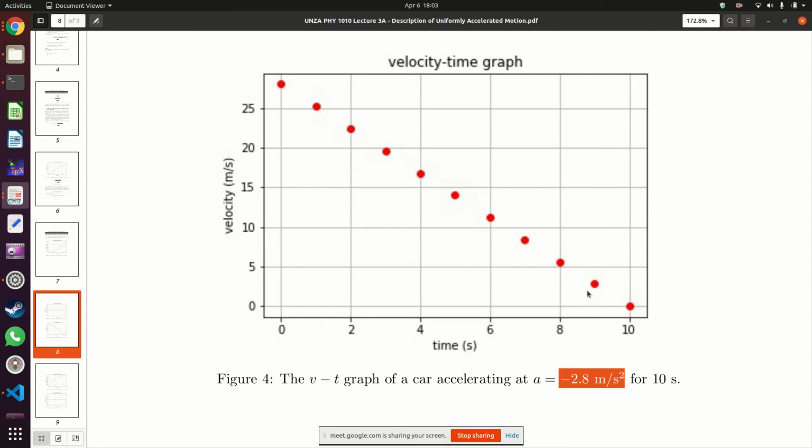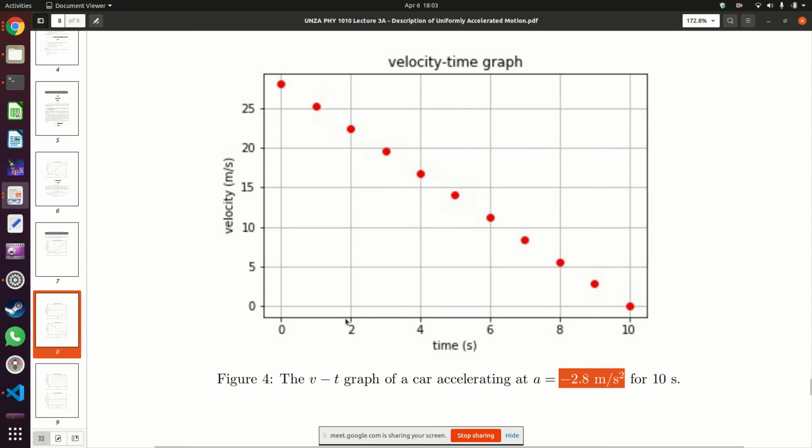Yes, sir. So even here, you can still work out the slope and also the area under the graph, like that. You can choose to work out different areas under the graph, different trapeziums. They will give you how much.